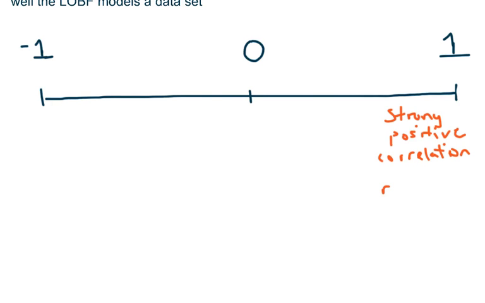If we had R equals 1, what happens then is a perfect line with positive slope.